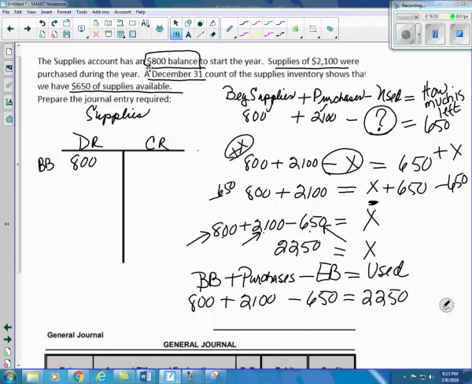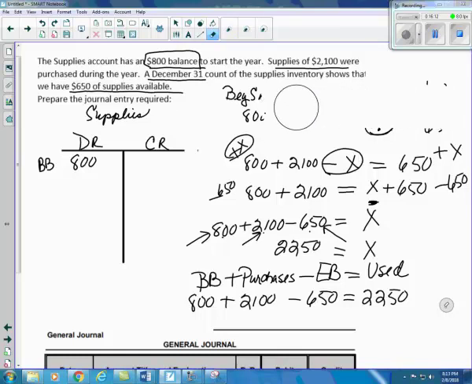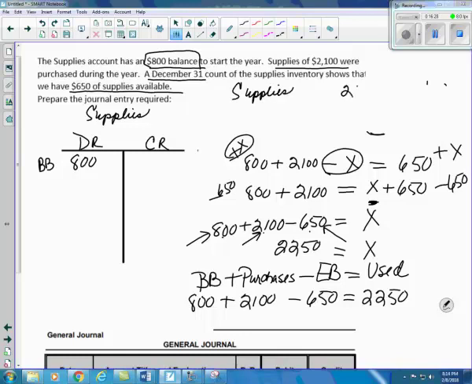So our journal entry would have been, I'm going to erase this right up here and just write in the journal entry. When we made those purchases, what we would have done was debited our supplies $2,100, and credited cash or accounts payable, depending on whether we paid it or not.